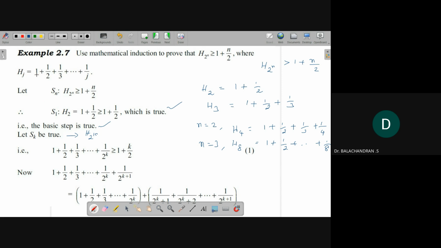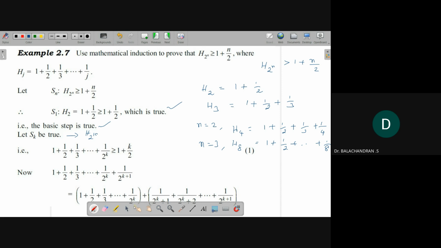It starts from 1 plus 1 by 2 plus 1 by 3 and so on, and the last term in H2 power k is 1 by 2 power k. The whole thing is H2 power k, and that is greater than or equal to 1 plus k by 2.